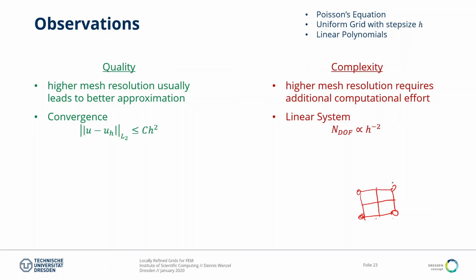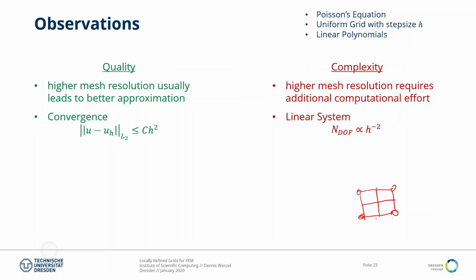So roughly a factor of 1/h squared. If I'm taking half the step size, I get 4 times as many points roundabout. And that's a huge problem because I have a linear system that is 4 times bigger.